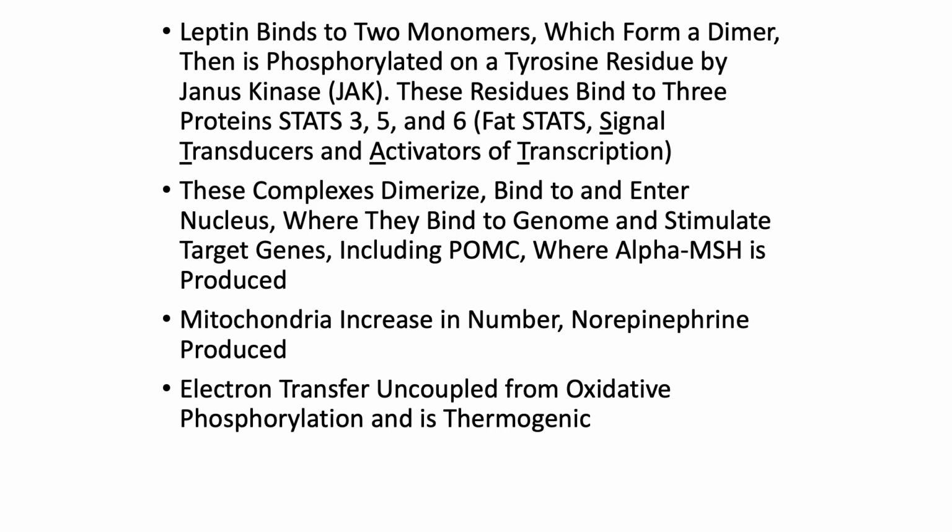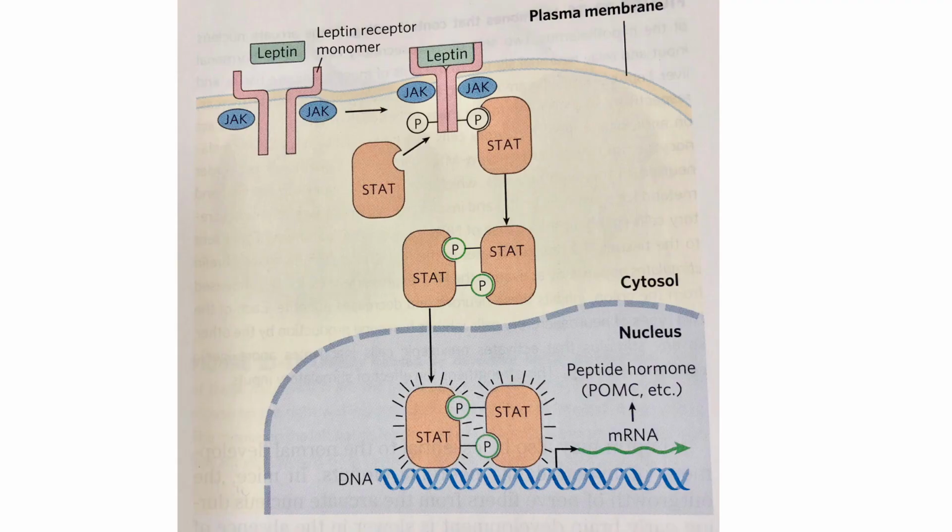These are fat STATs, and STAT is an acronym for signal transducers and activators of transcription. These complexes dimerize, enter the nucleus, bind to the genome, and stimulate target genes, including POMC, which is where the alpha-MSH is produced. The mitochondria increase in number, norepinephrine is produced, and the electron transfer is uncoupled from oxidative phosphorylation and simply dissipates energy as heat.